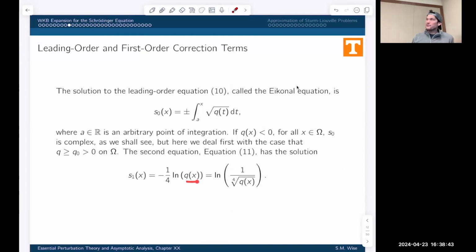And everything's good there because we're bounded well away from 0. And of course, we can bring this minus 1/4 in as a power on q, and this is the same as natural log of the 4th root of q. And again, this 4th root of q is well defined because q is a positive function. Any questions about that?